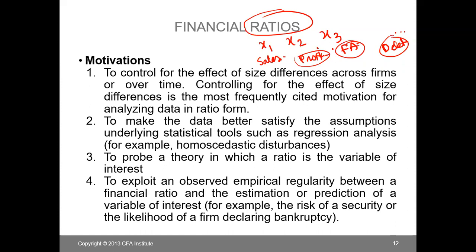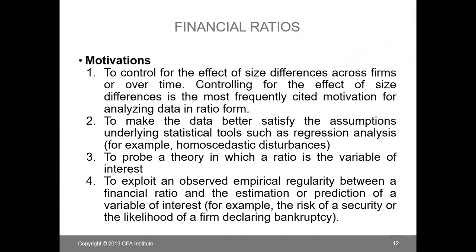Say, instead of using the profit, you use the profit margin. So you express the profit in terms of sales. Instead of using the fixed asset directly, you use, say, the ratio in terms of fixed asset turnover. So in this way, you make a solution. Clear? So these things you need to keep in your mind.